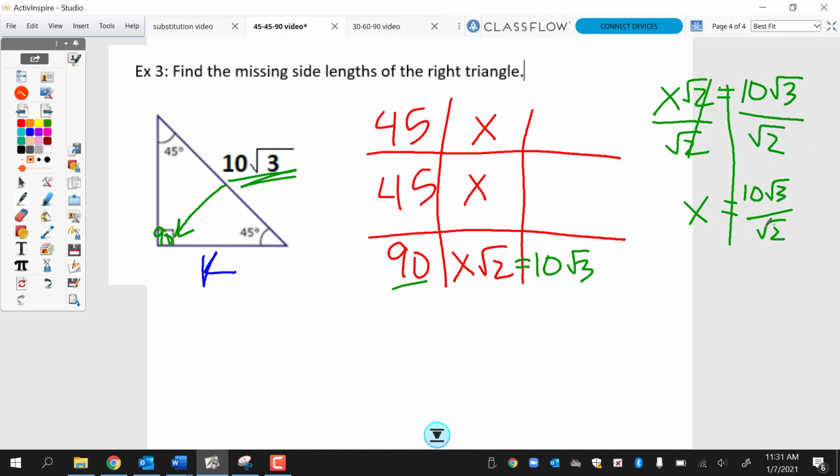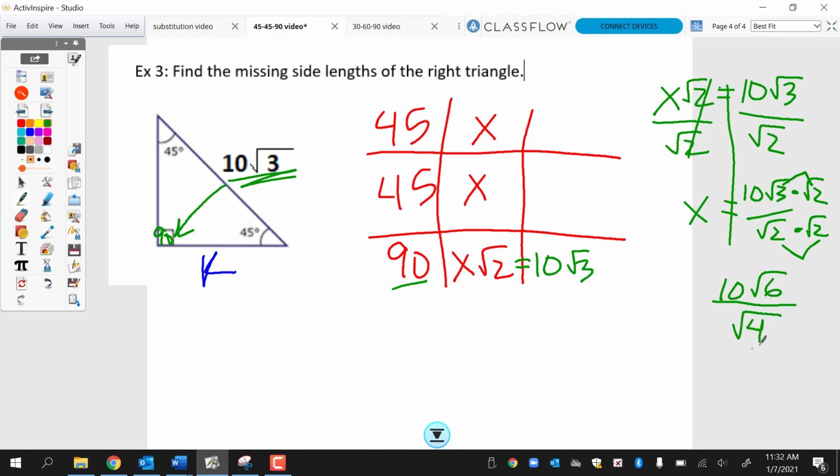Now, I'm not allowed to leave the square root in the bottom, so I do have to rationalize just like we did in the last one. So times square root of 2 over square root of 2. On the top, which of those numbers can I multiply? My two square roots, they can multiply together. So 3 times 2 is 6. On the bottom, square root, I can multiply those, so that's going to be square root of 4.